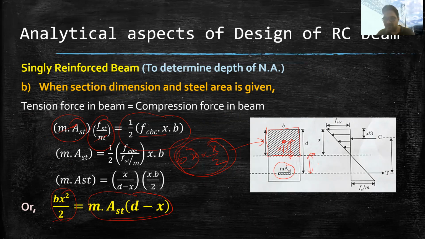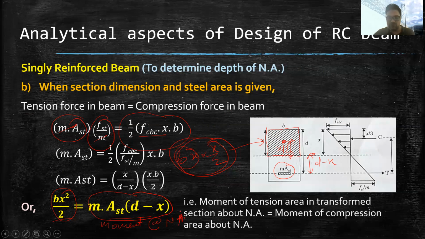This distance will be D minus X. So M into AST multiplied by D minus X will become the moment about NA. I have also written this here, so you can read here: the moment of tension area, which is M into AST in the transformed section, about NA equals the moment of compression area about NA.